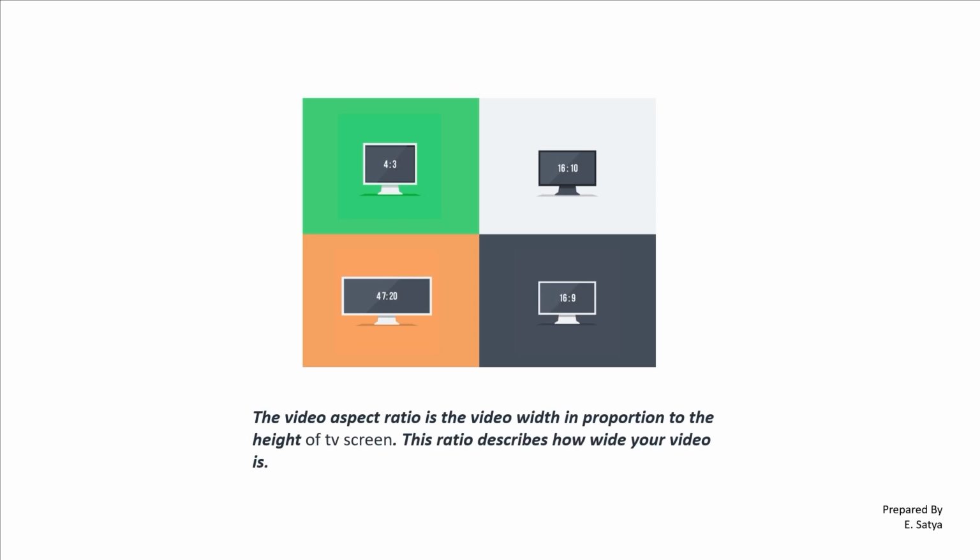Here are the examples. The video aspect ratio is the video width in proportion to the height of a TV screen. This ratio describes how wide your video is. So here 4:3, 16:10, and 16:9.